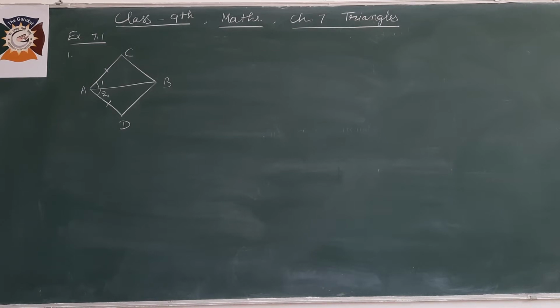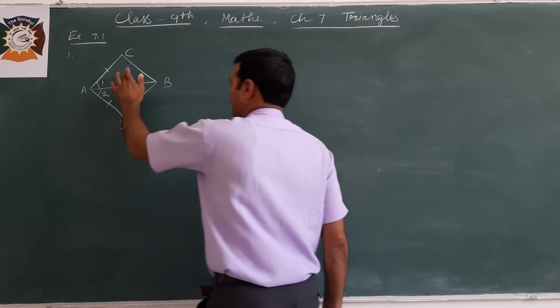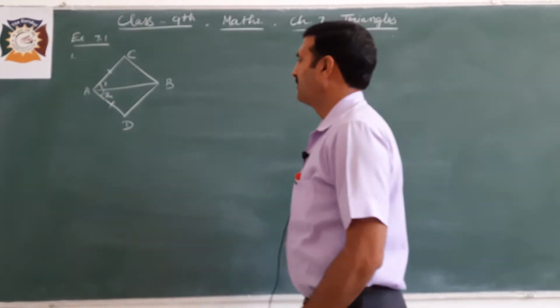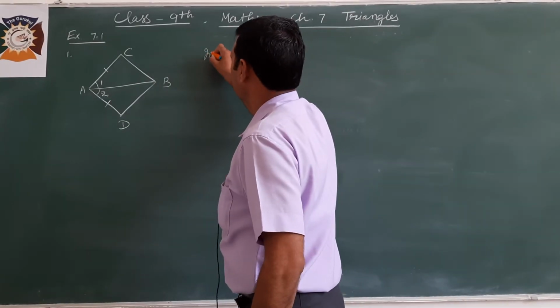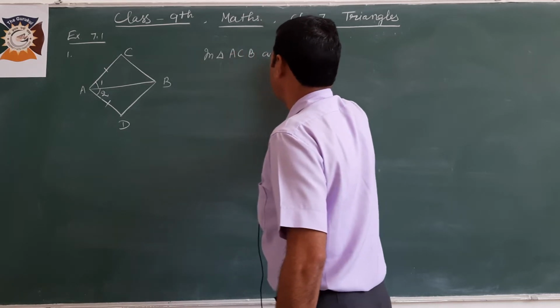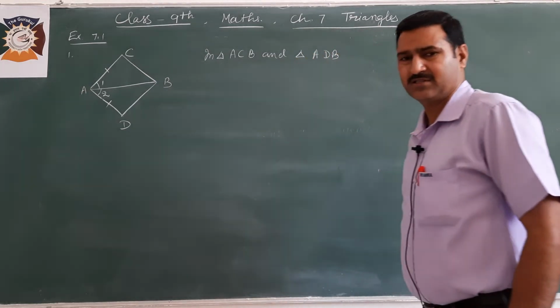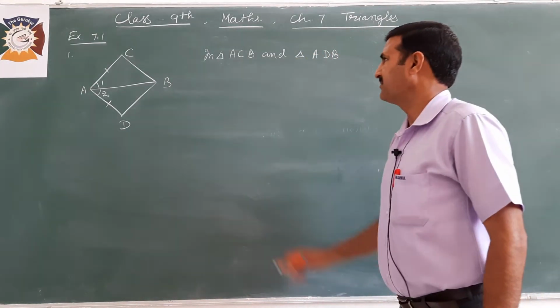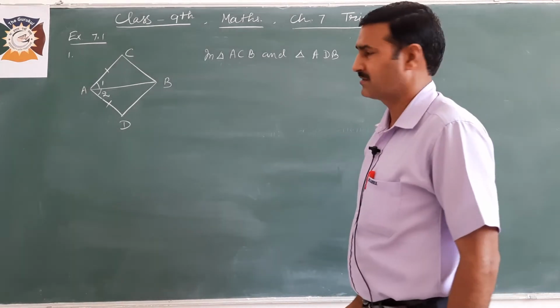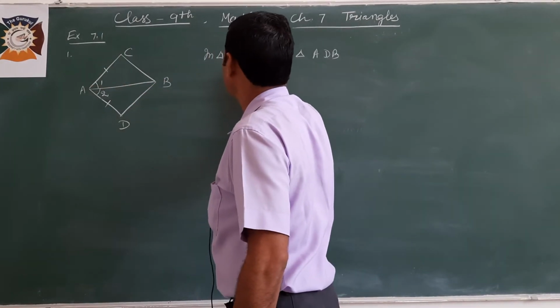We have to prove the triangle above AB and below AB are both congruent. So I'll take triangle ACB and triangle ADB, because we have to prove these two triangles are congruent. AC is equal to AD, from where?